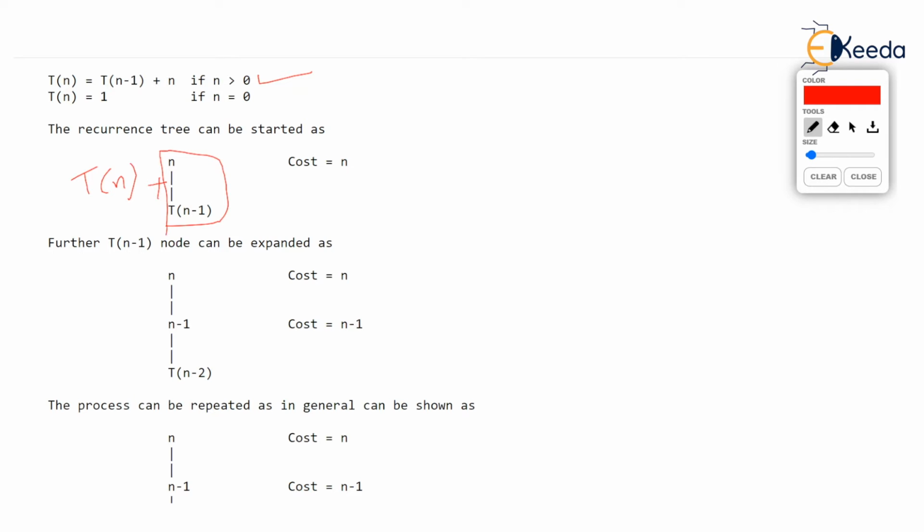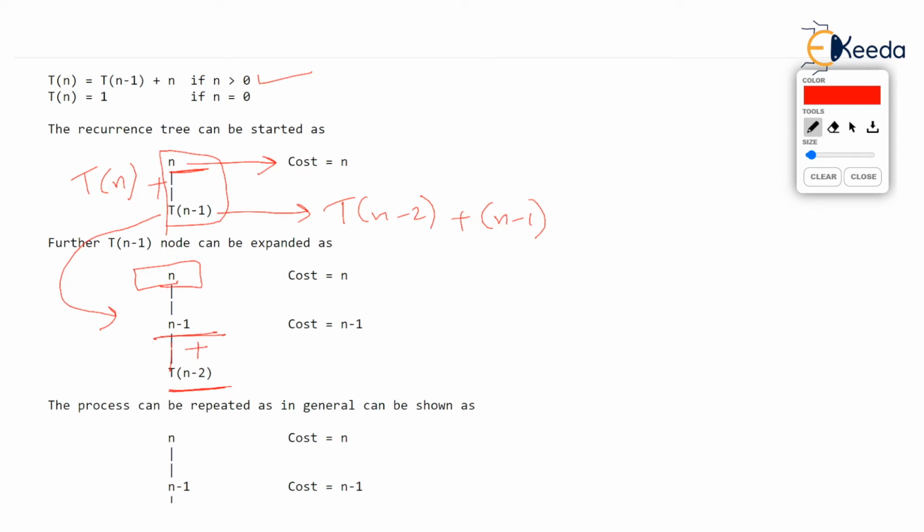And the cost at the first level over here is n. But then T(n-1) is nothing but T(n-2) plus n minus 1, isn't it? So now the tree gets expanded as n remains the root, but this T(n-1) term has been replaced with n minus 1 added with T(n-2).